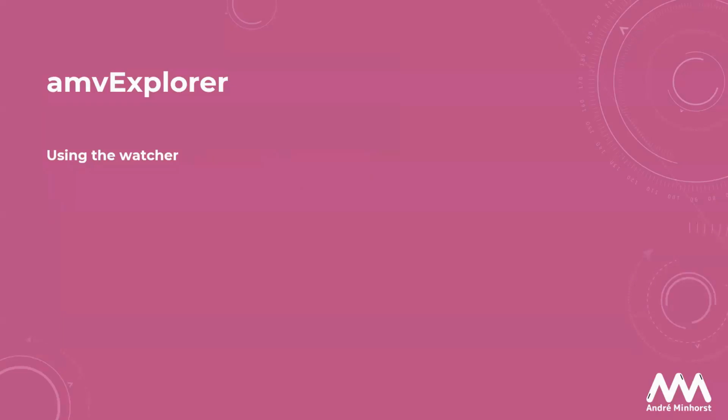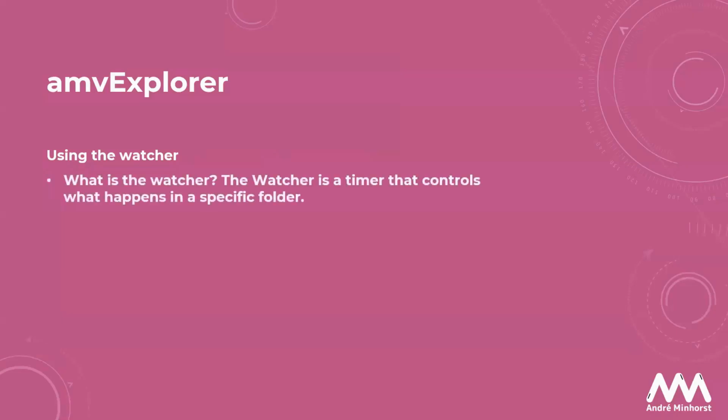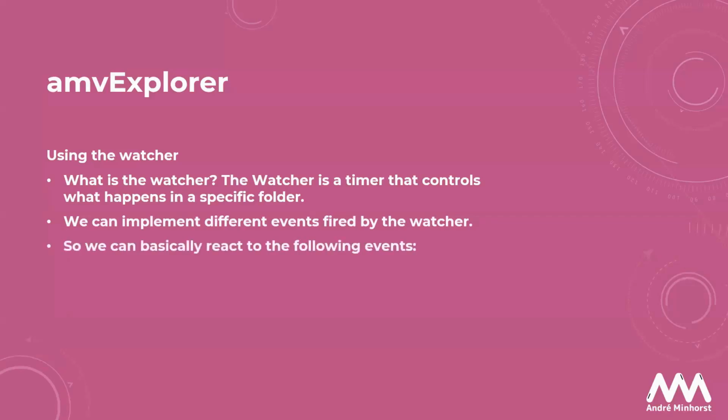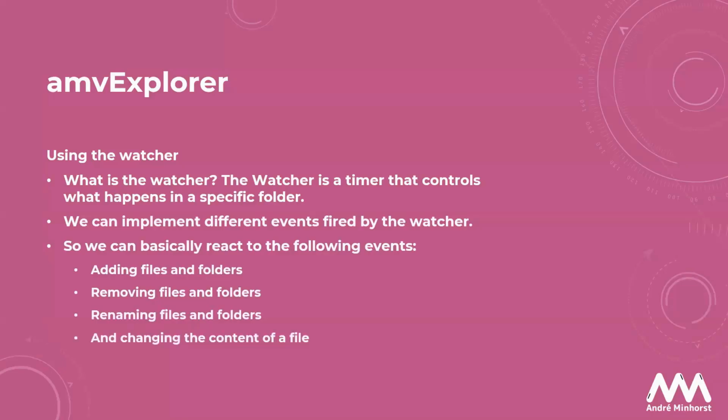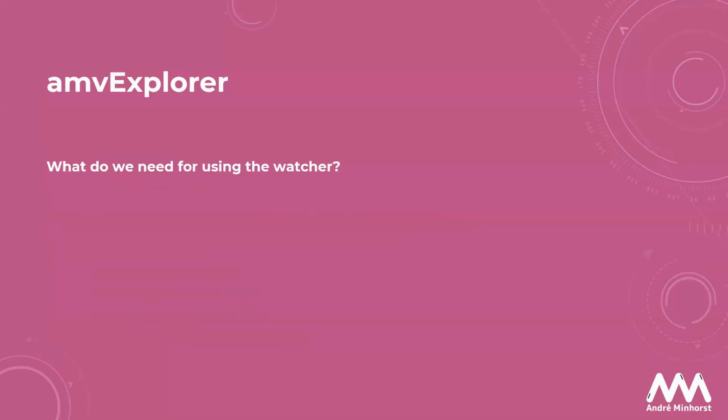Using the watcher. This is very important. What is the watcher? The watcher is a timer that controls what happens in a specific folder. We can implement different events that fire when we, for example, add a file or a folder, if we remove files and folders, if we rename files and folders, and if we are changing the content of a file.